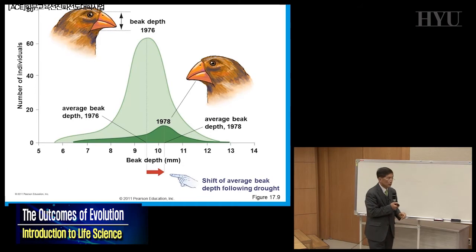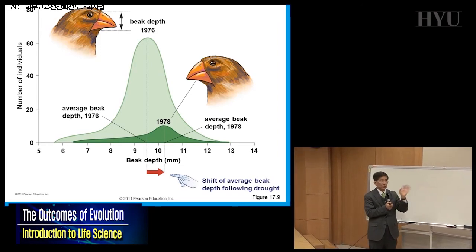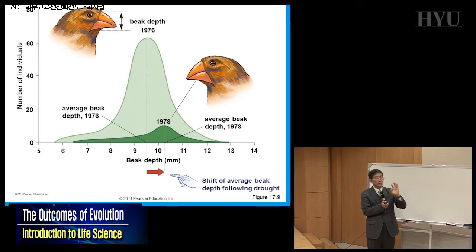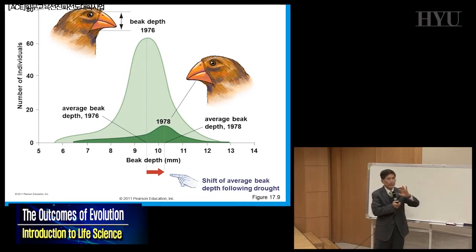What happened is there was a big drought in 1977. Drought means there was no rain, so there was not enough food for these birds. The next year they checked, and the depth of the beak had changed. Not dramatically, but it shifted to the right side. What does that mean?